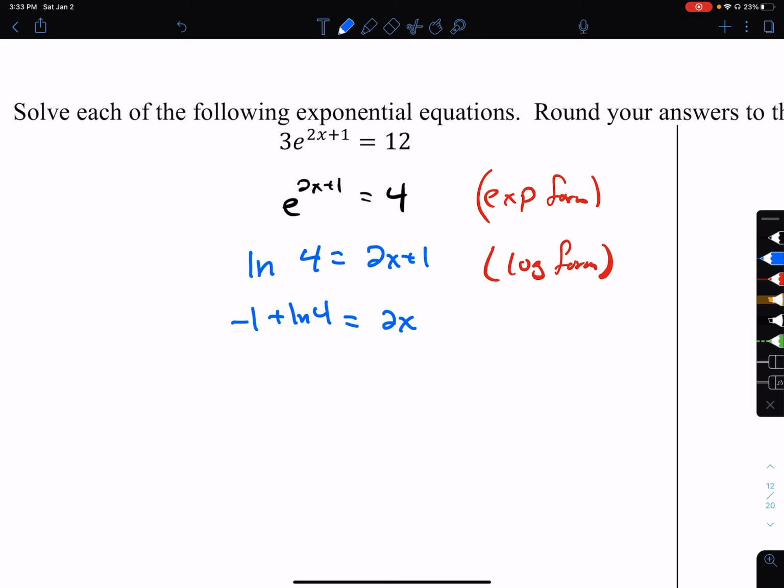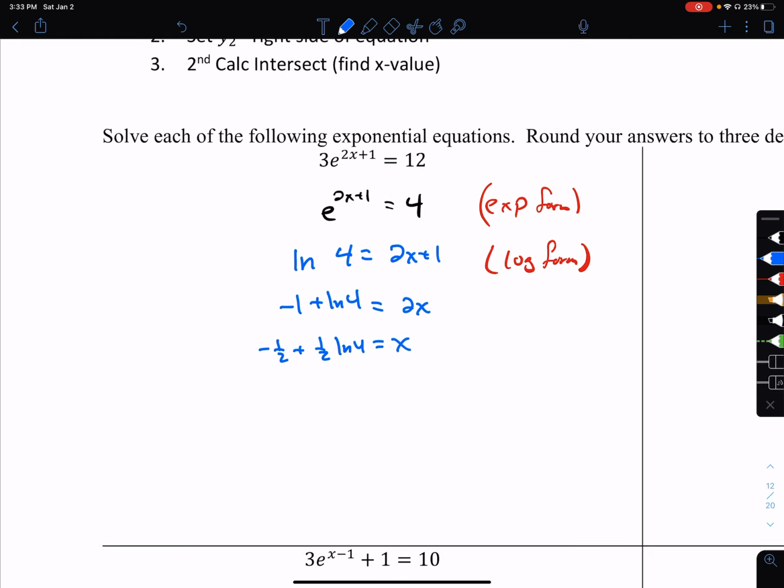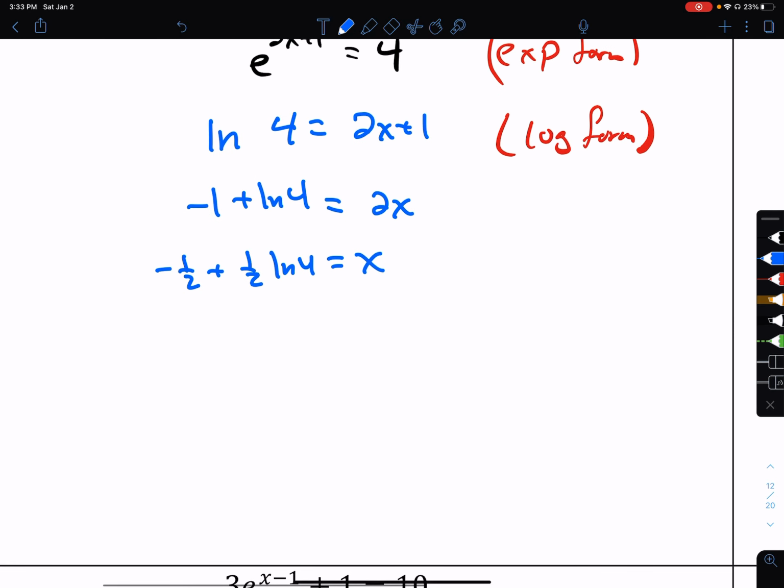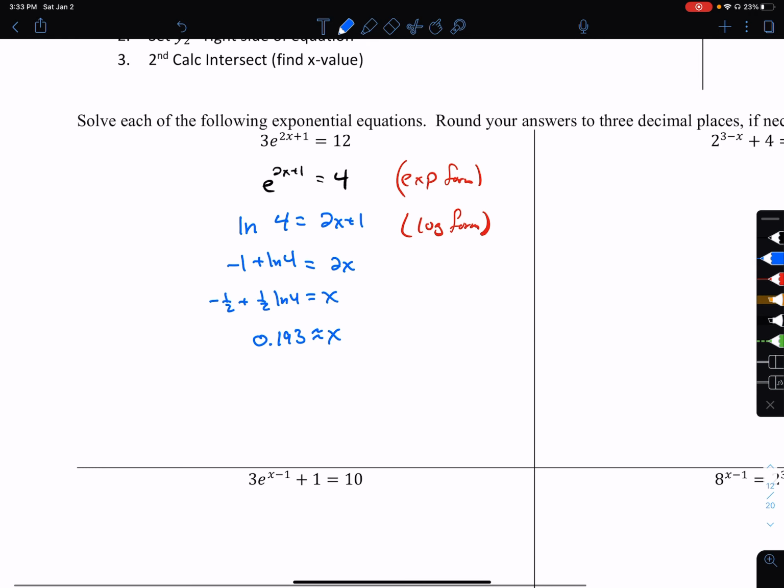Going to then multiply each term by a half. That gets x by itself. It says round to 3 decimal places if necessary. That means we would put this into our calculator, and I would strongly encourage you to type this into your calculator, and I got 193 thousandths.